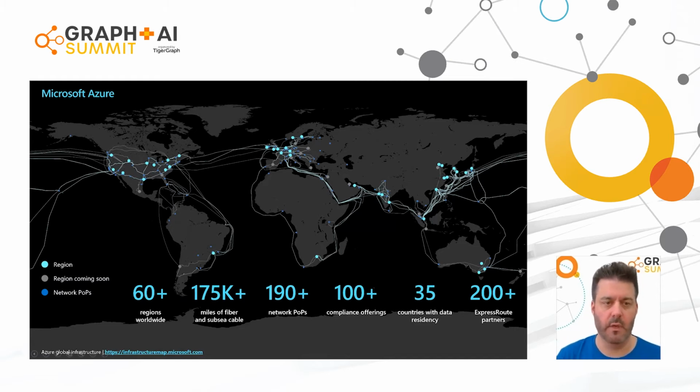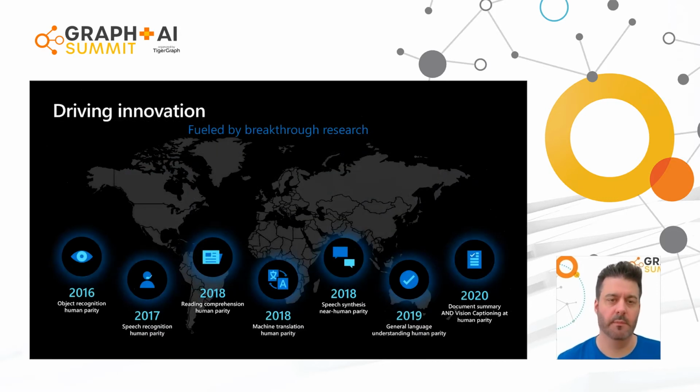If for whatever reason you cannot work with the internet, we also offer what we call ExpressRoute. Essentially, ExpressRoute is a dedicated line to Azure. So if you have very sensitive data, there's also a way to transmit the data to the Azure data center without using the internet.